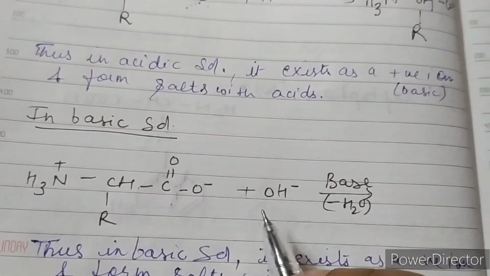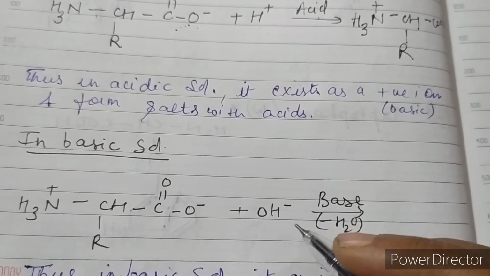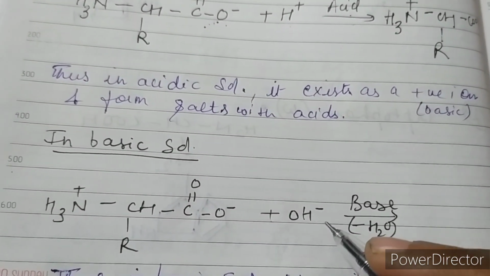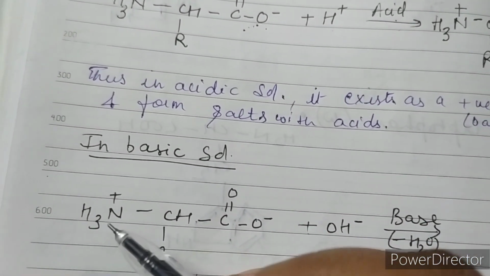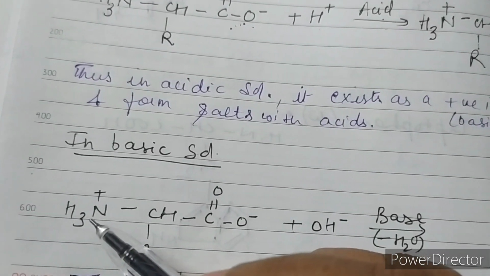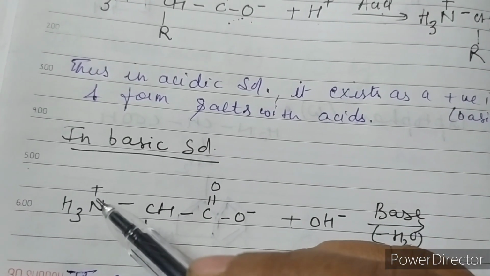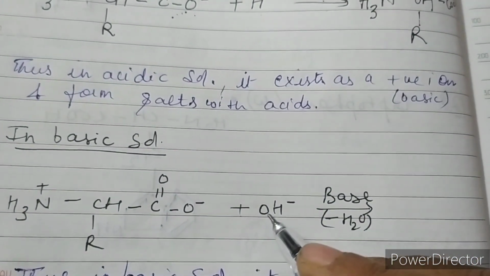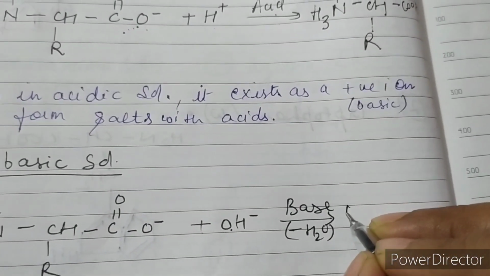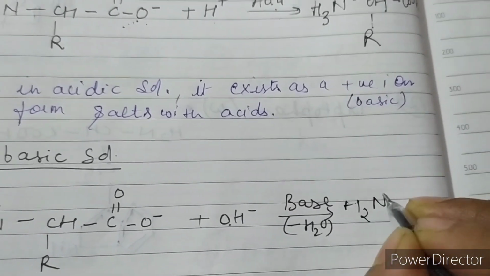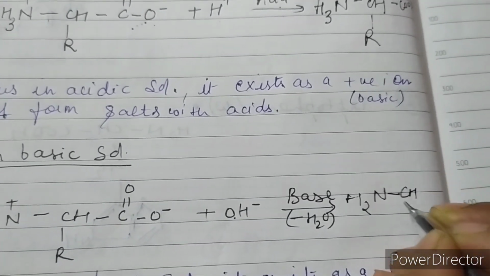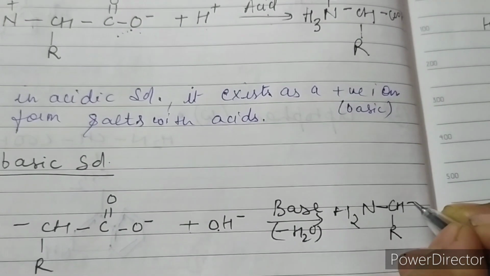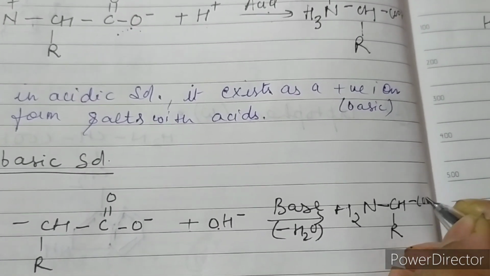Similarly, the basic solution contains hydroxyl ion, and hydroxyl ion reacts with the proton lost by NH3 positive and forms NH2 group here. A proton will be released from here and will combine with OH negative to form water, and now here you will get H2N, CHR and COO negative.